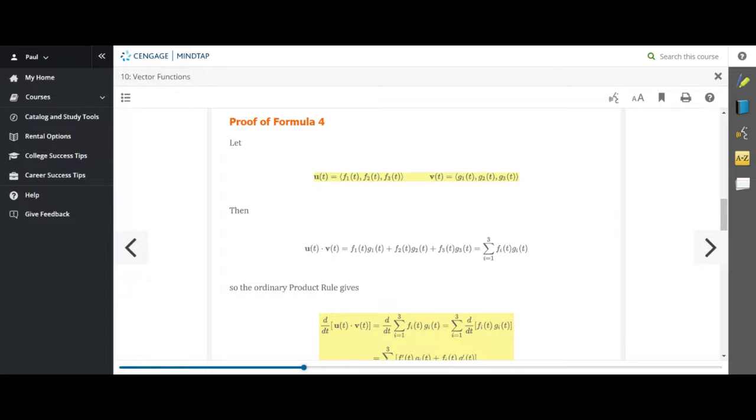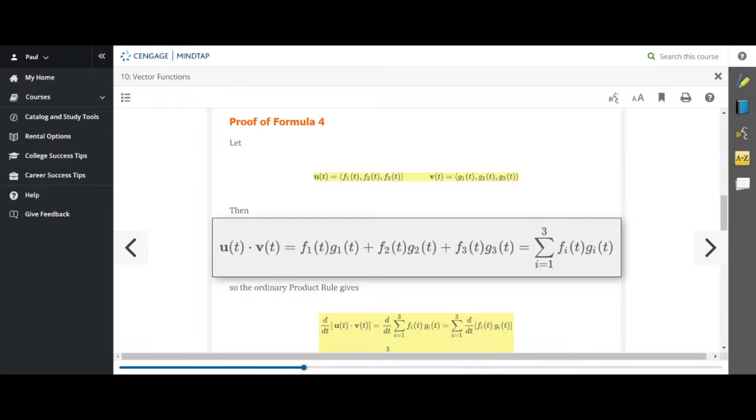The vector v has g components, and you can write the dot product out this way, right? You know how to do the dot product of two vectors, and it's really the sum of these function products.